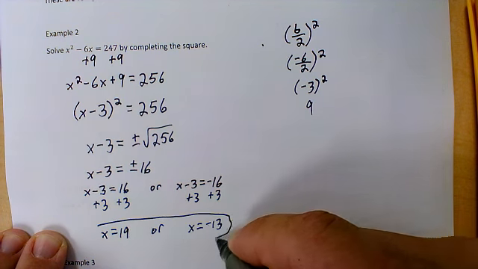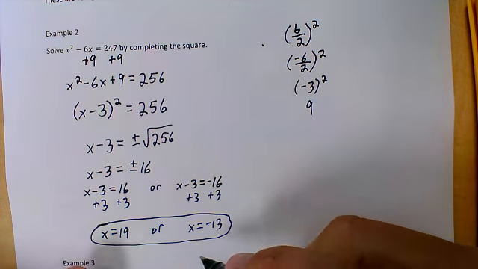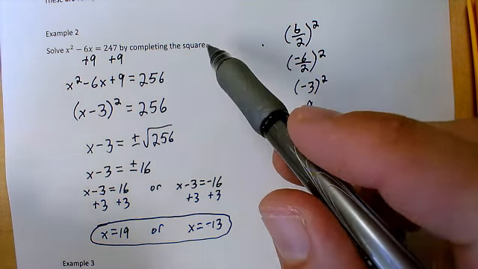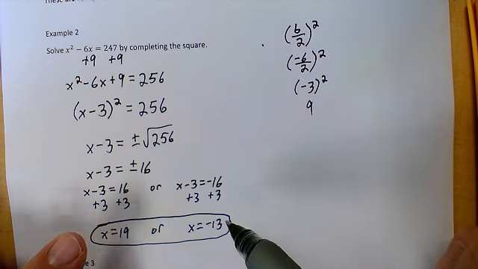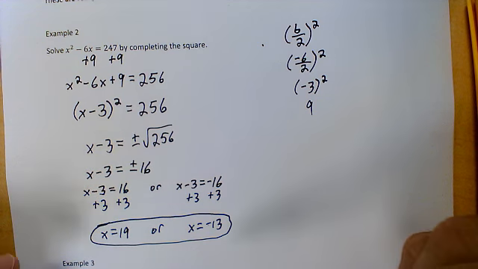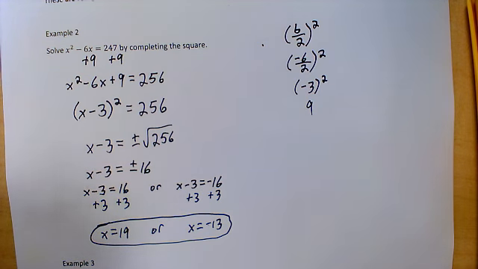There's my two answers. These answers could have been gotten by the Desmos calculator, so that's actually still a good place to start. Even though it said solve by completing the square, you could have gotten these answers from the calculator. Now, we're going to be seeing other situations where that's not going to work out.